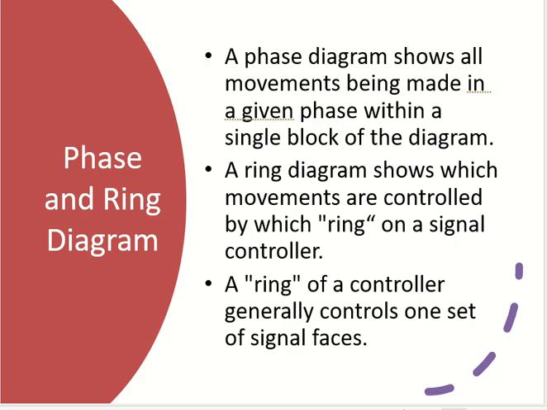You go from green to yellow to red, and then red to yellow, and so on. So each signal has a ring of lights. A ring diagram shows the movement by each ring at a time, not each phase. So each phase may have more than one ring in it.